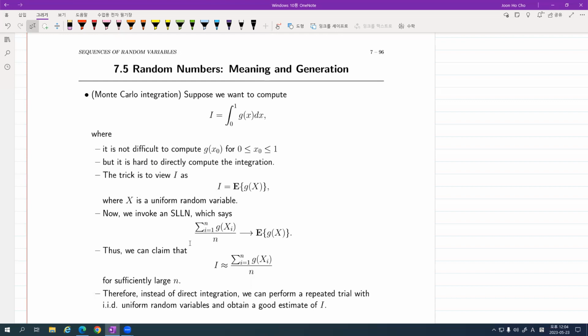Or g(x) is easy to evaluate at each x, however, there is no closed form. So here you have some box that gives you the value of output whenever you put an input.